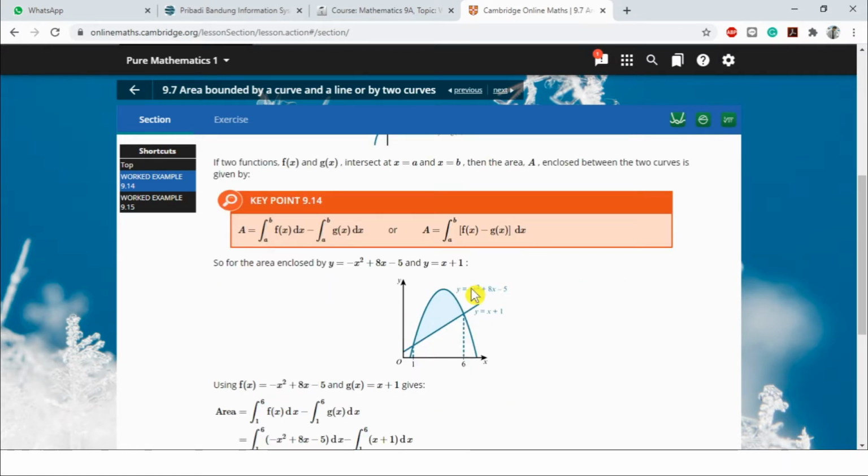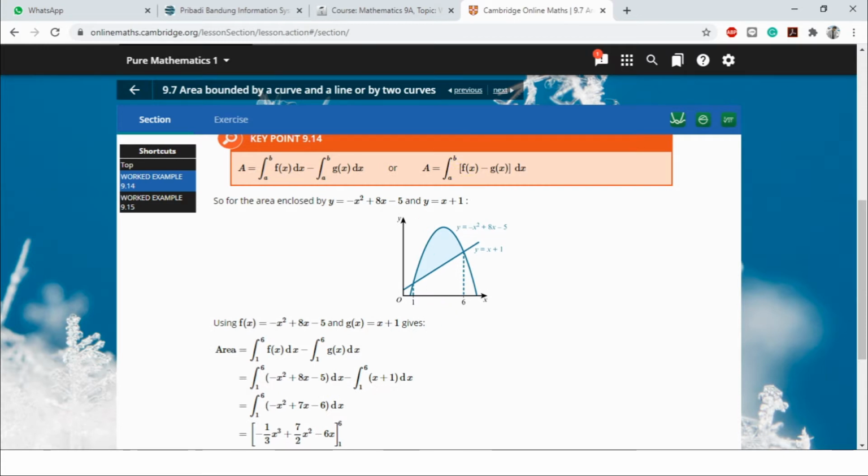Suppose we have these two curves and this line. So this curve is defined as y equals minus x squared plus 8x minus 5, and then this line is y equals x plus 1. So we need to find this area, the blue area. What to do? We can apply this directly.